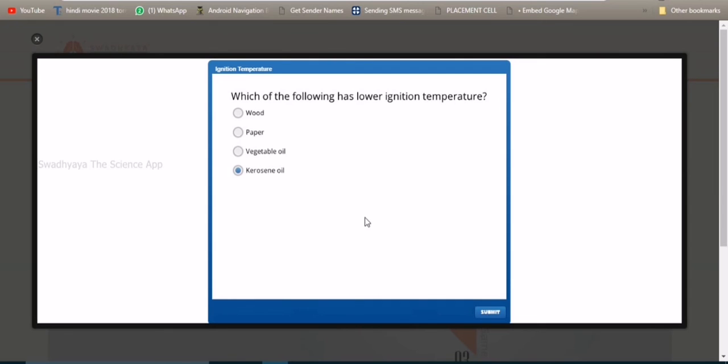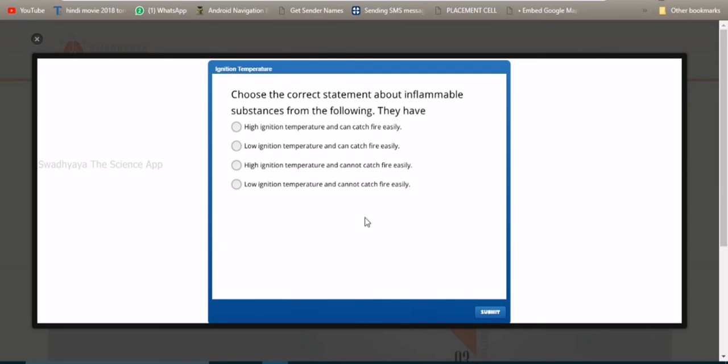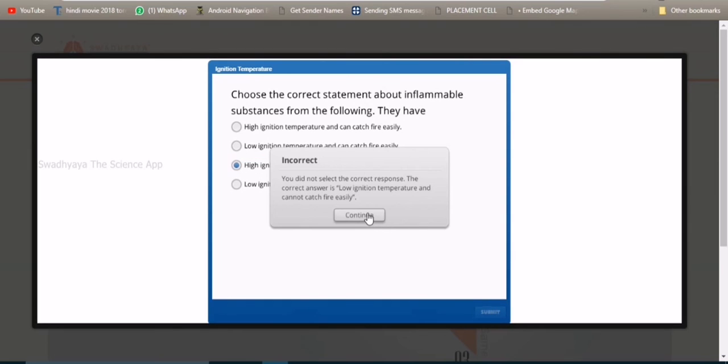Let's go to the next question. Choose the correct statement about inflammable substances from the following. You did not select the correct answer. The correct answer is low ignition temperature and cannot catch fire easily.